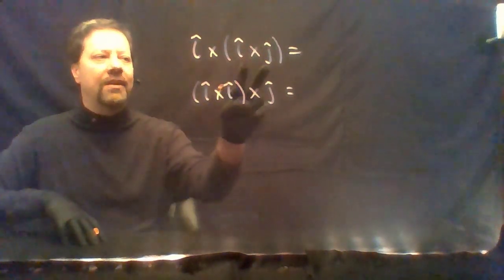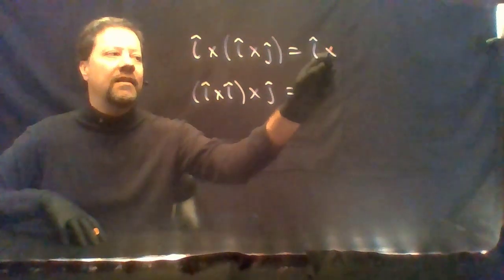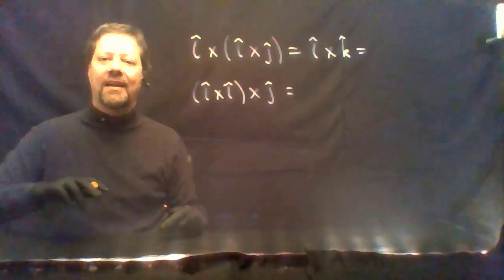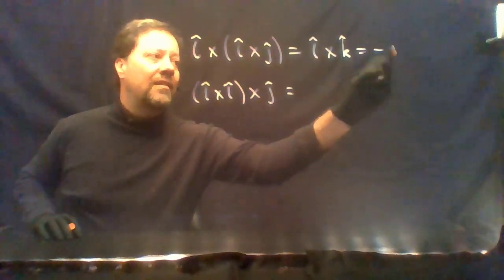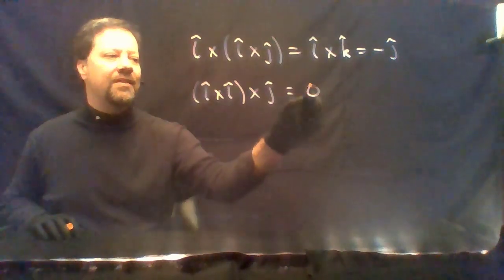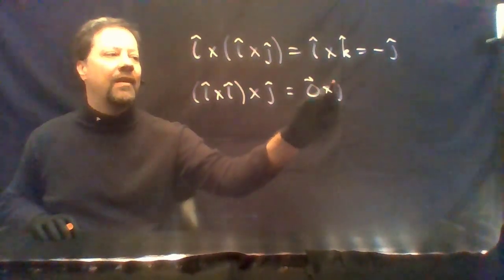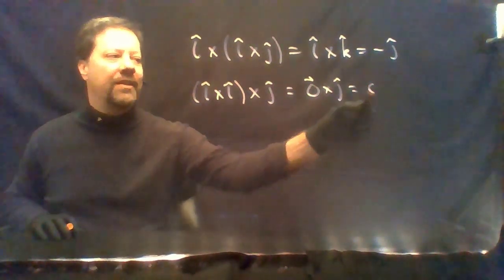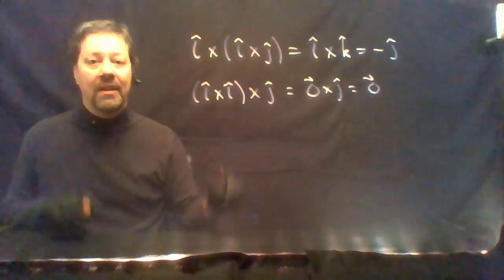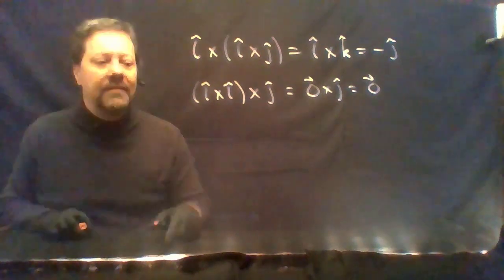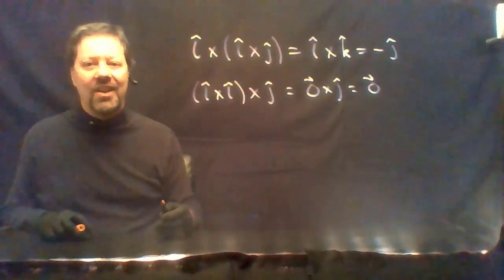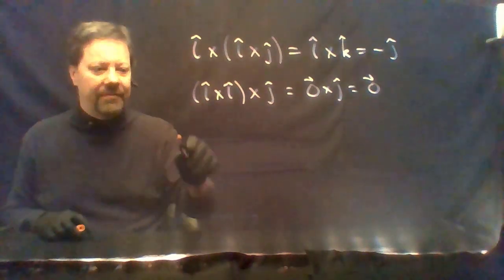We know that i cross j is k, and i cross k is minus j, but i cross i is the zero vector. And if you cross any vector with the zero vector, you get the zero vector. You see that the cross product is not associative.